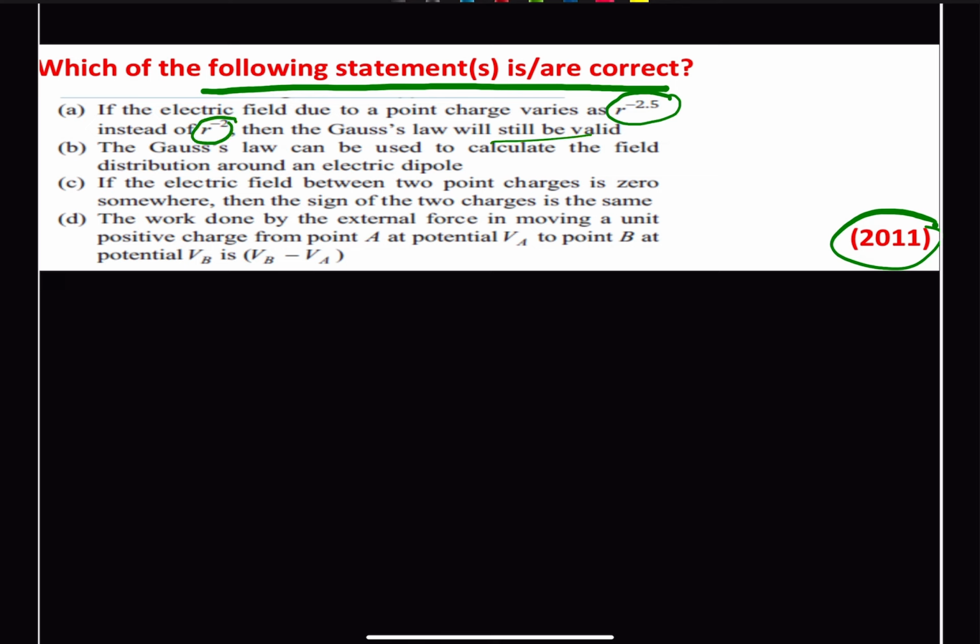So we have to check whether Gauss law is valid or not. For option A, it is saying that the electric field is k, suppose any constant, and it varies with r raised to power 2.5.